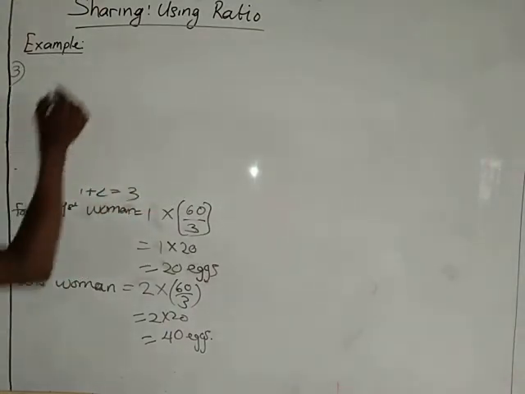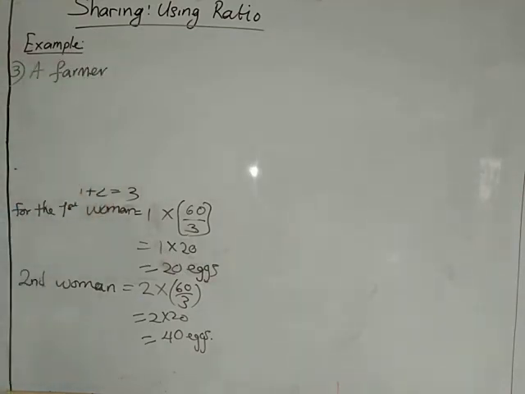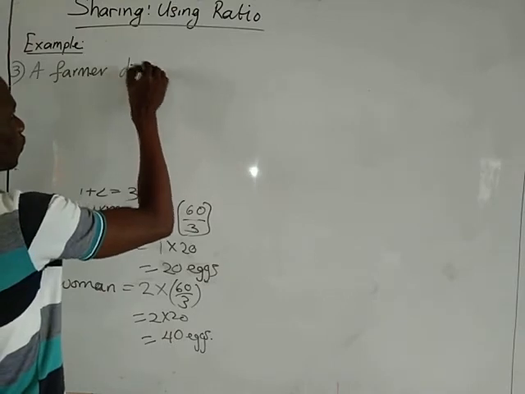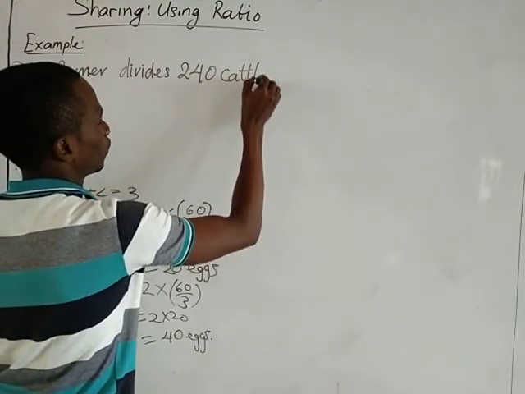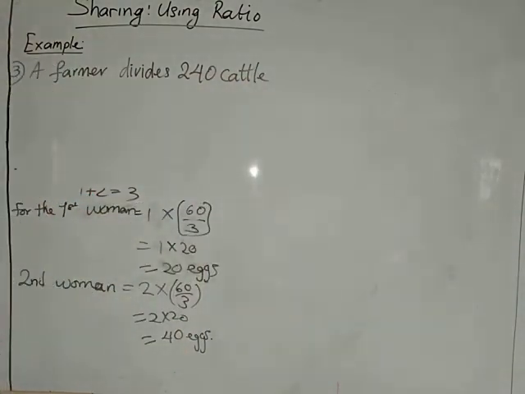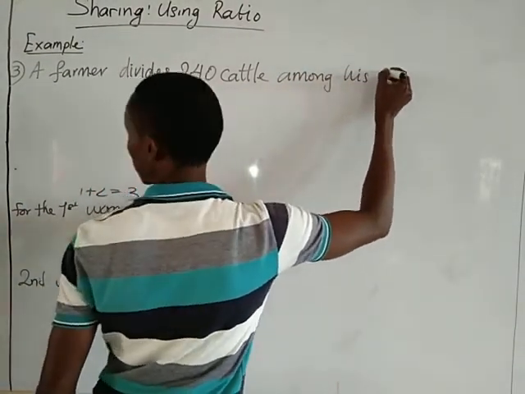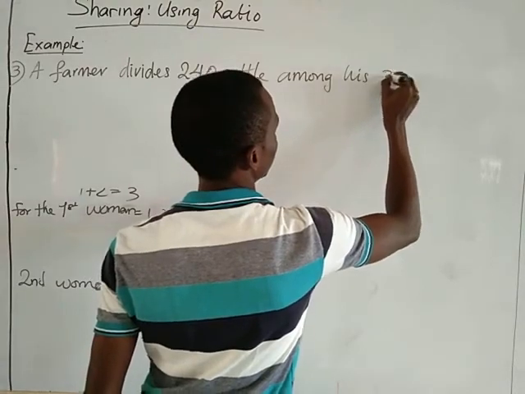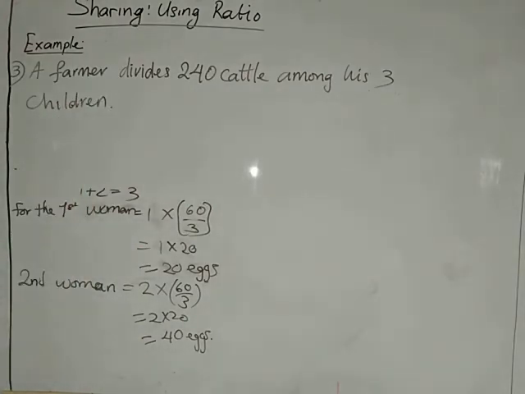Example 3 says a farmer divides 240 cattle among his 3 children.